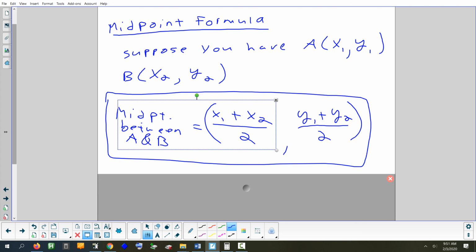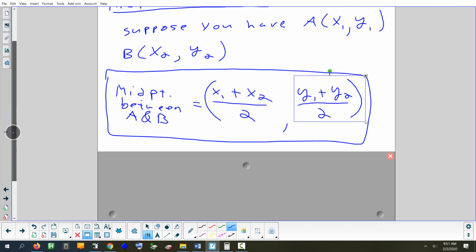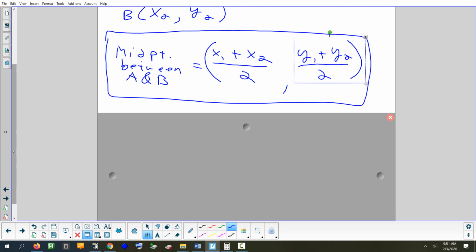So with the midpoint formula, all you're really doing is averaging the x's and finding the middle value, and then averaging the y's. That's how I remember it. It's just an average and another average. Specifically, an average of two things. Okay, so we'll do one midpoint problem, and then that'll be it.